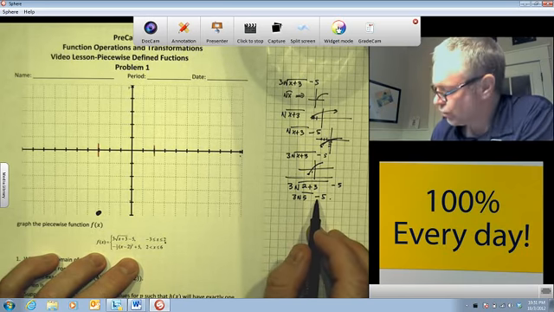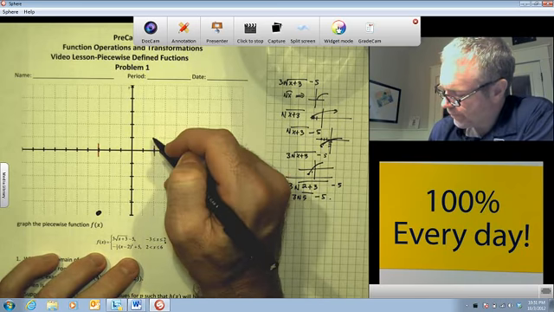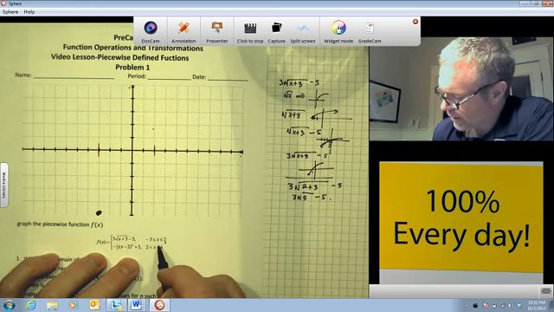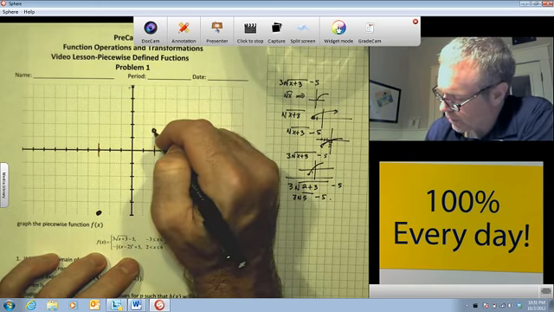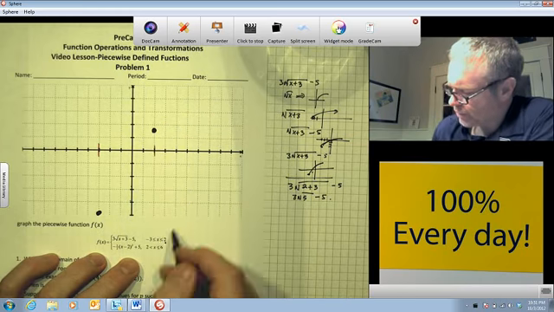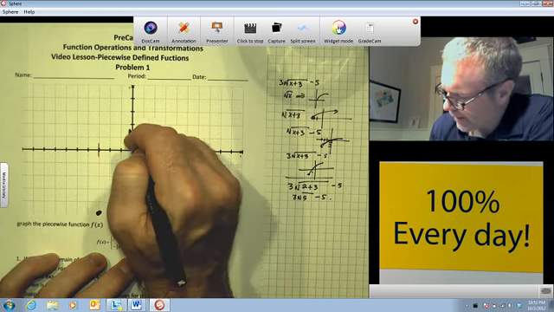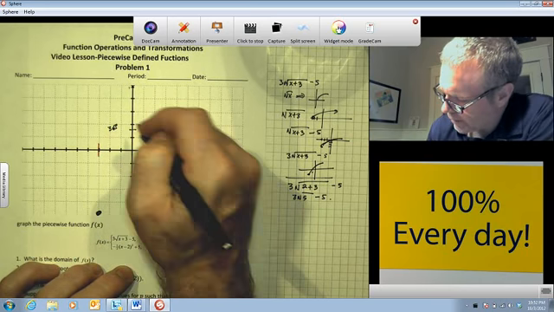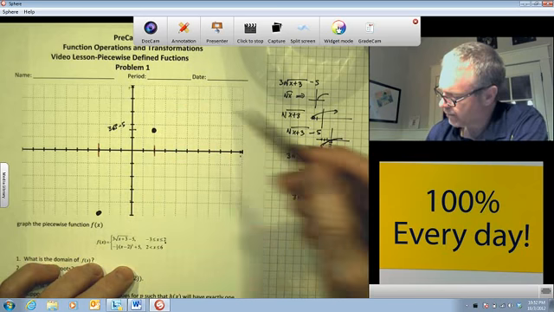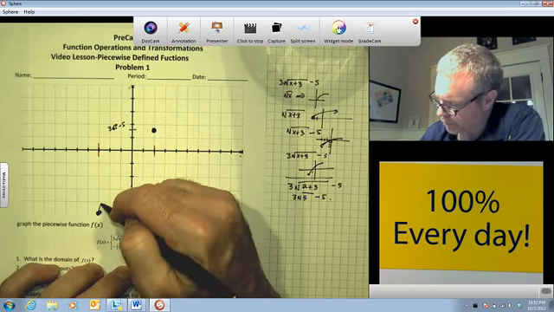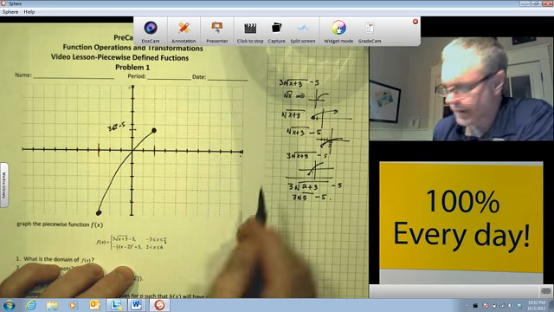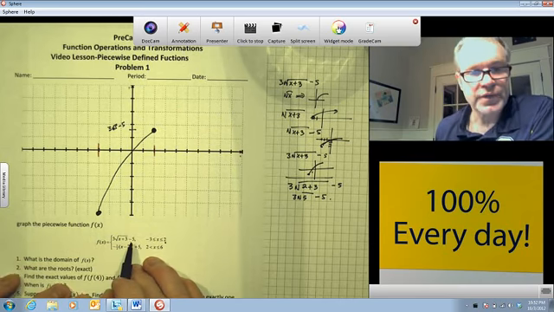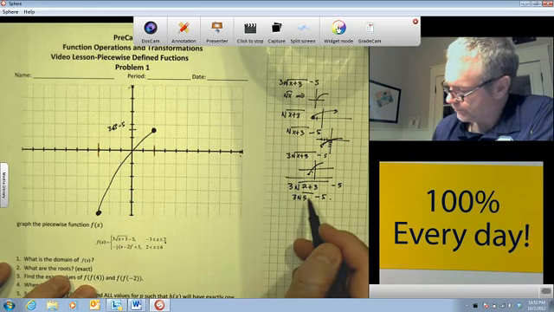That number is a little bit more than 1, a little bit less than 2. At 2 it is going to be somewhere in here. That is a closed interval. And I'm going to mark that 3 root 5 minus 5 right there. And our function is a square root function, so it's going to kind of go like that. And that's our first part, that's our first piece of the piecewise function.